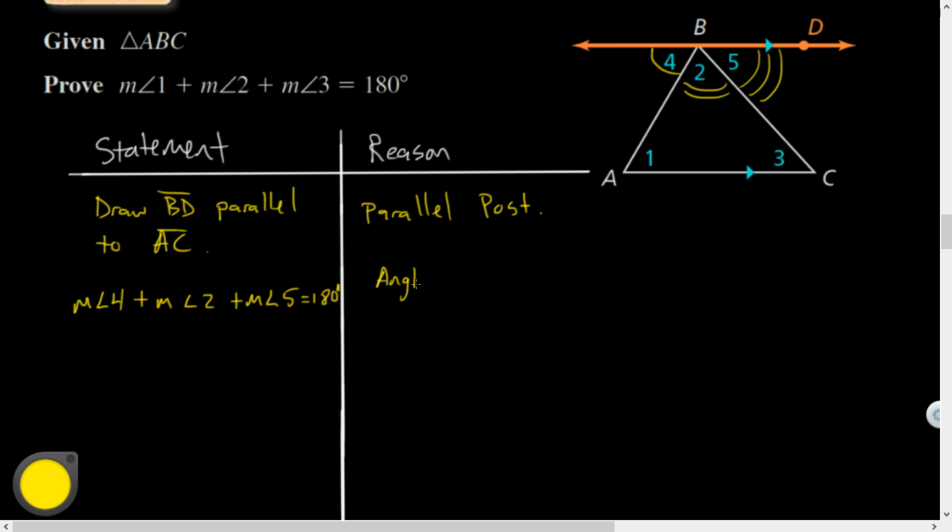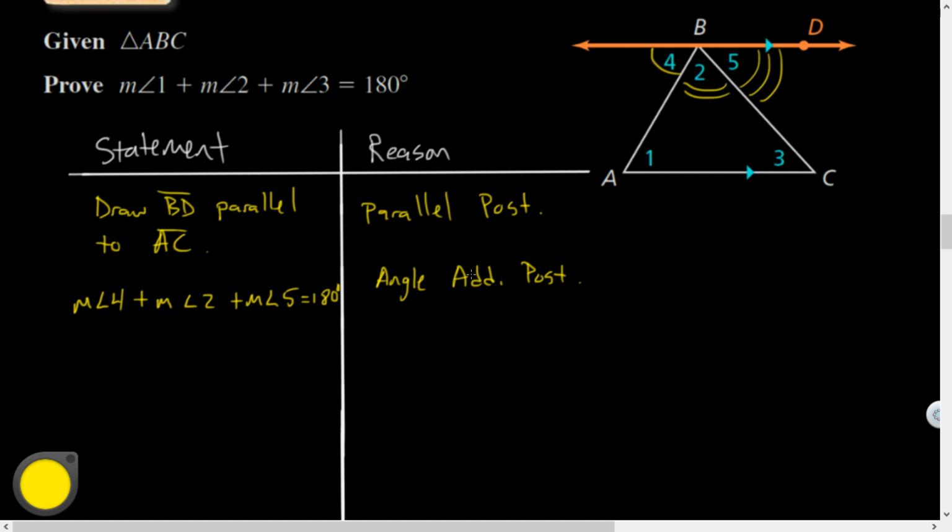Angle addition postulate. Could someone summarize what that was again? Yeah, if you add adjacent non-overlapping angles, they are equal to the big angle. All right? The big angle is equal to the sum of all the little pieces, the non-overlapping parts.